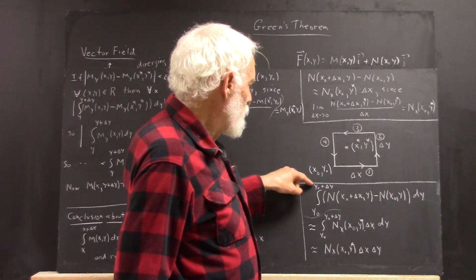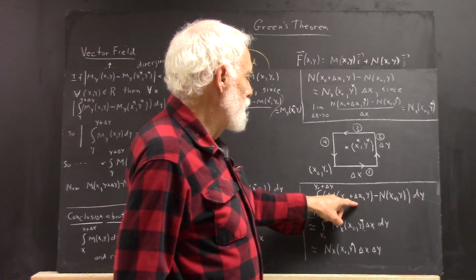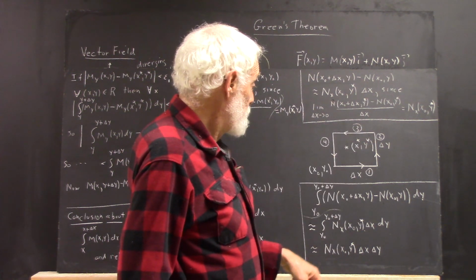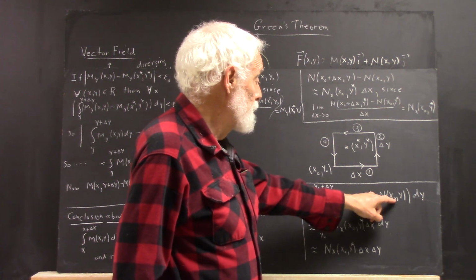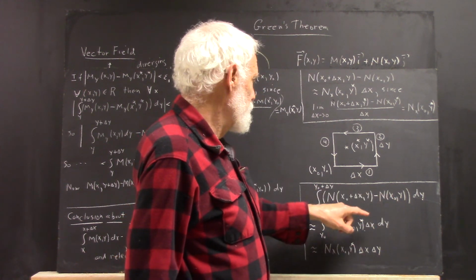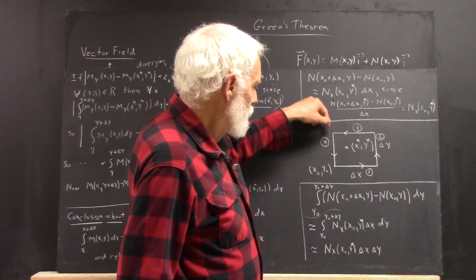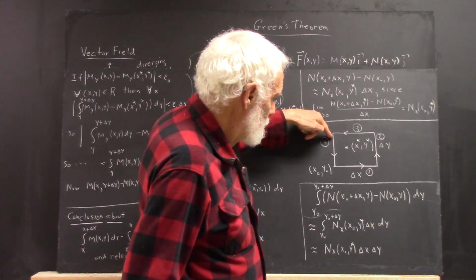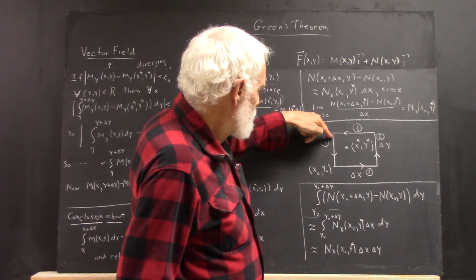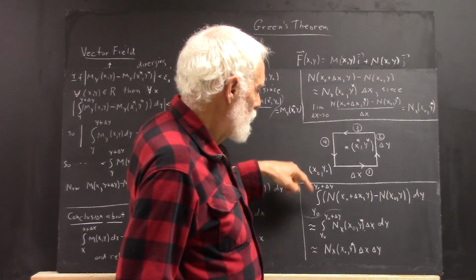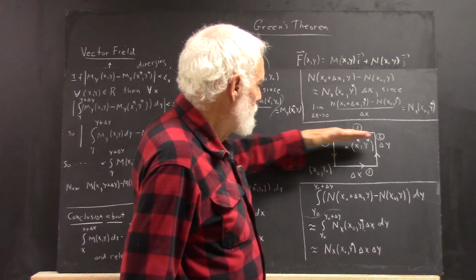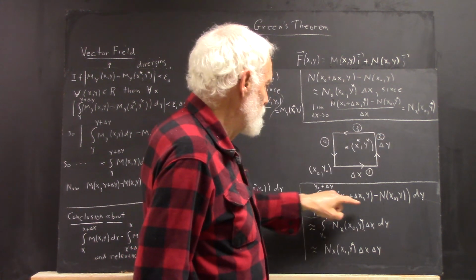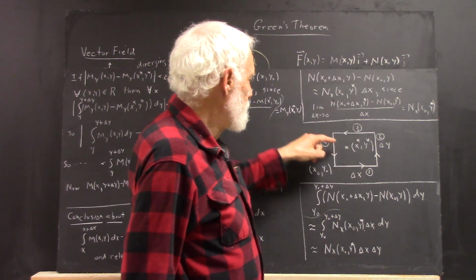Well, the integral from y naught to y naught plus delta y of n of x naught plus delta x, y is just the integral over this part of the path, and minus this is the integral over this path. You're integrating the difference between here and here. Okay. So for any y between y naught and y naught plus delta y, you talk about the difference along the line where y is constant, where y has this constant value.